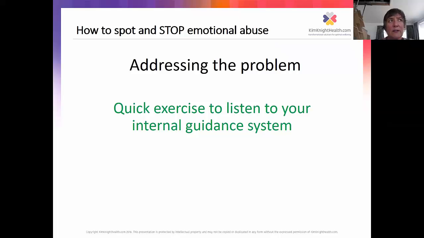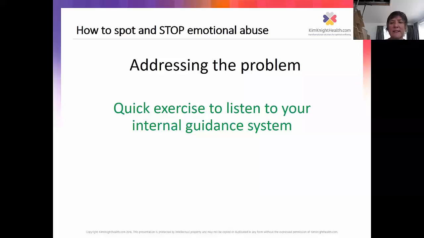And then come back into your heart and ask how your heart feels about what your head said. And ask how your heart feels about what the gut said. And just see, are they on the same page, or is there a discrepancy and a disagreement between the three brains?